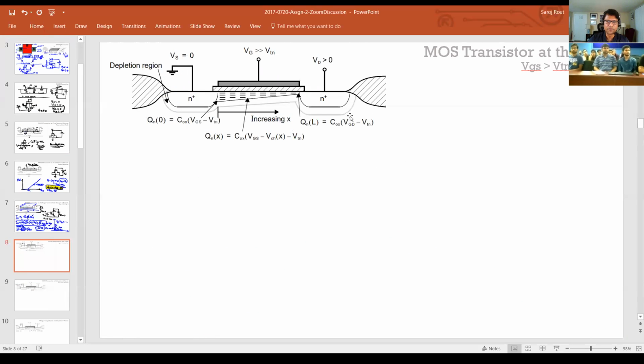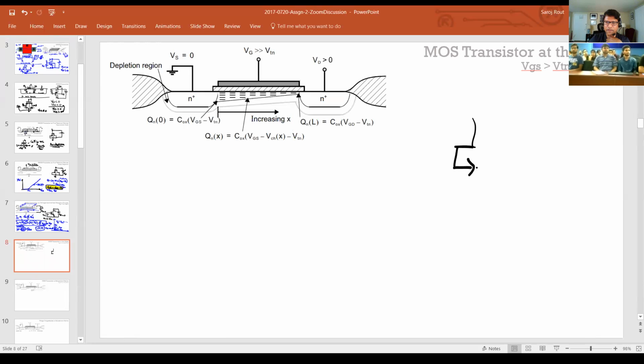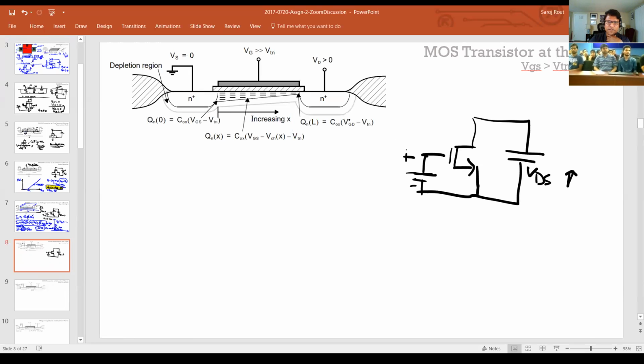Now, what happens if you start increasing the VDS? For example, now we take the same NMOS and we apply the same VGS. That's your VGS. And now what we do is we make the VDS larger. We don't keep it close to 0.